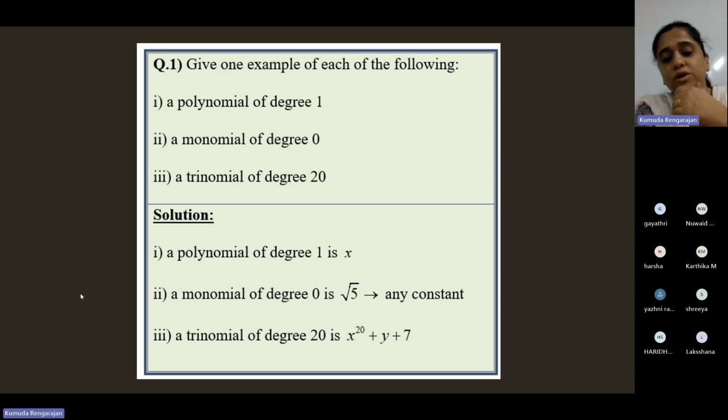Done writing? Okay. So my example. Come again? 10x power 10. Okay. A plus B. So the first term has 10 and 10. So 10 plus 10, 20. Okay, correct.